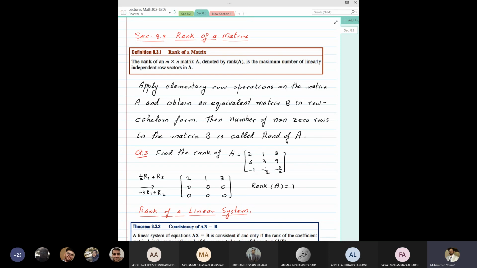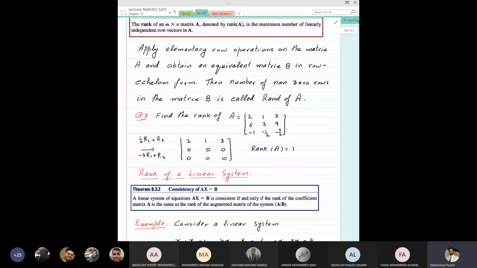So you convert the matrix A into row echelon form, and you can give that new matrix a name B. Then in the matrix B, the number of non-zero rows is called the rank of A. That is, the rank of a matrix is the number of non-zero rows in its echelon form.